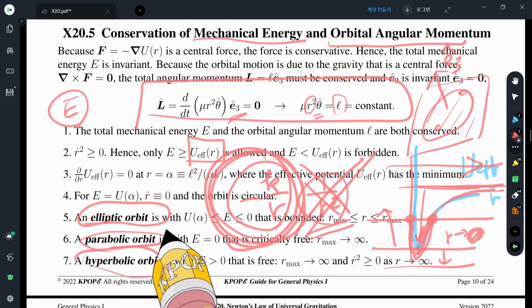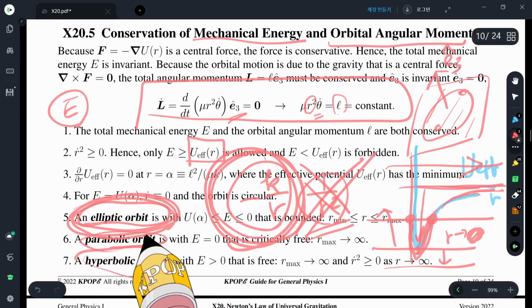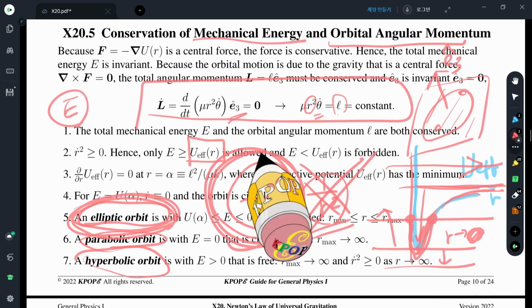And first of all, Kepler found that the orbit is elliptical if it is localized, not based on this physical theory of Newtonian gravitational force, but based on observation.